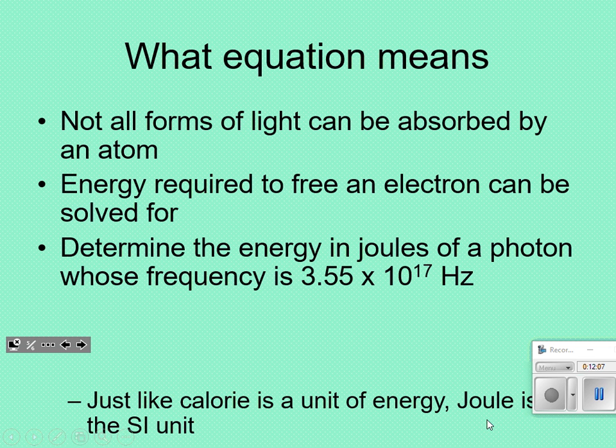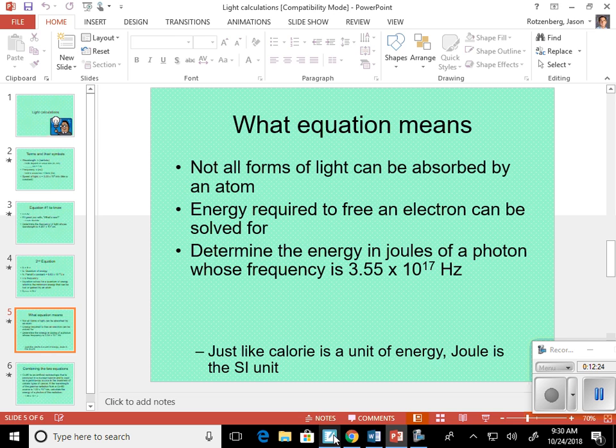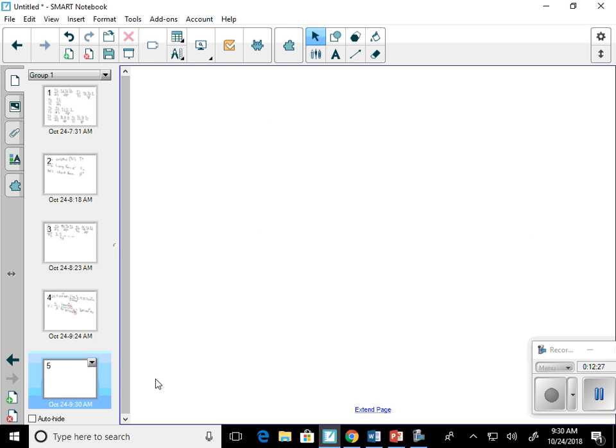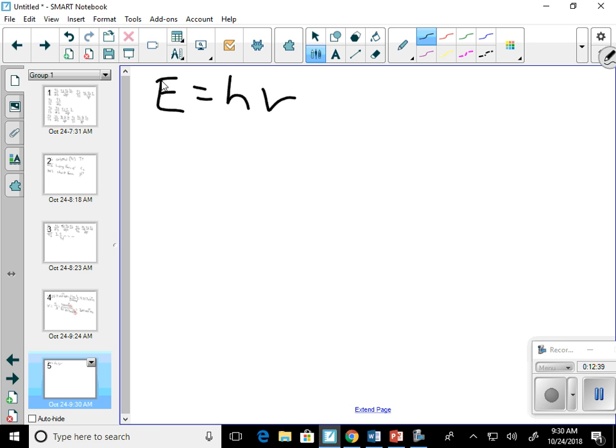Here's another calculation that we can do. So again, hopefully there's a little space in the bottom there. Determine the energy in joules of a photon whose frequency is 3.55 times 10 to the 17th hertz. So again, I'm going to go over to the Smart Notebook. And in this particular problem, it wants me to solve for energy, which is Planck's constant times frequency.